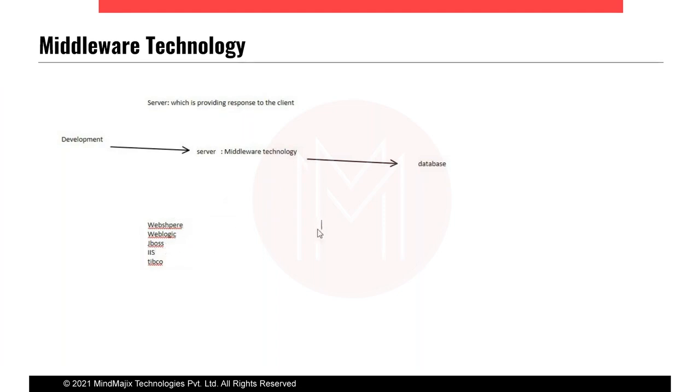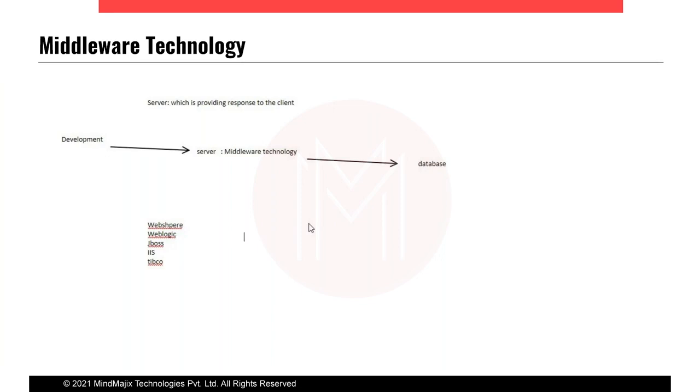And coming to why we have to choose WebSphere, why we are not going to choose WebLogic, why we are not going to choose JBoss, IAS, we have multiple reasons to choose the technology, to choose the platform, for hosting the applications.